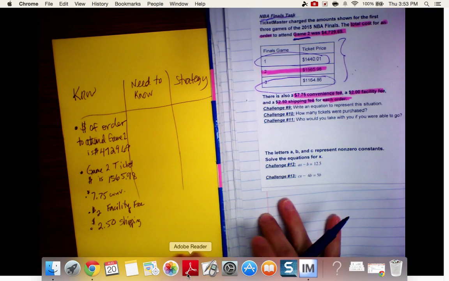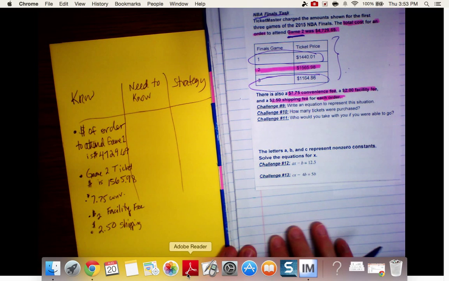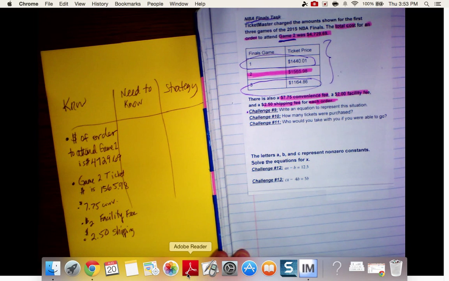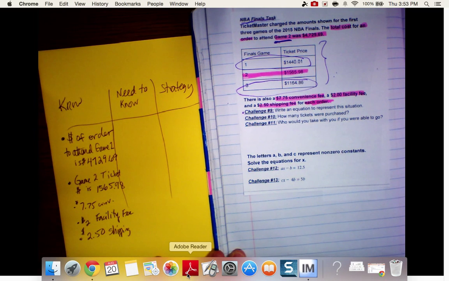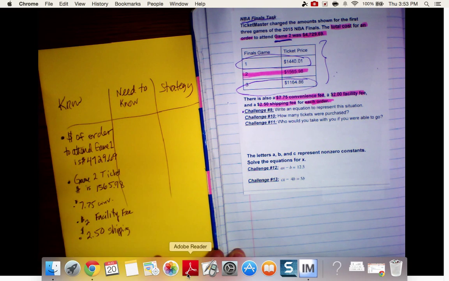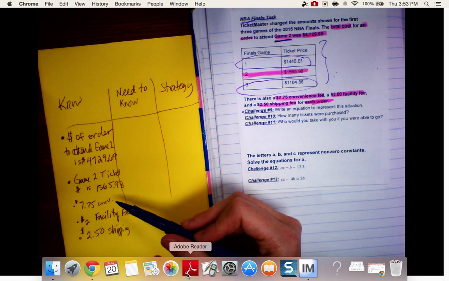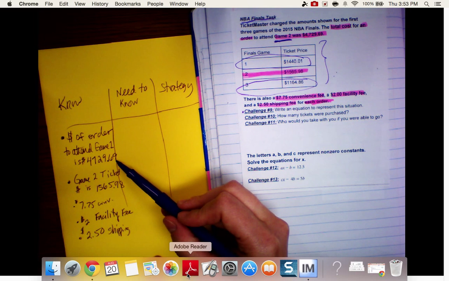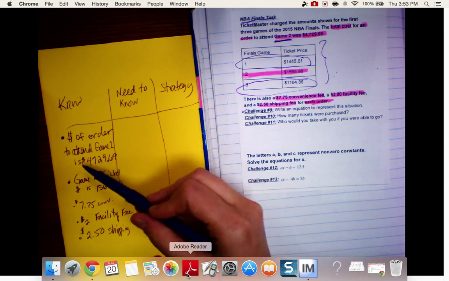So then our need to know, we're on challenge 9, it says to write an equation to represent this situation. Well, if my total cost for the order was $4,729.69, and I know how much each ticket costs, and I know the fees, well, what is the only thing that we don't know in order to get this total here?